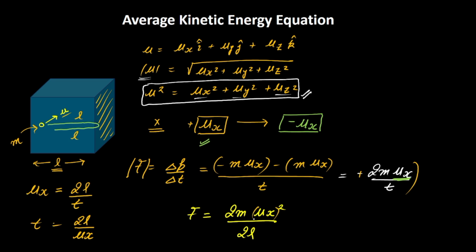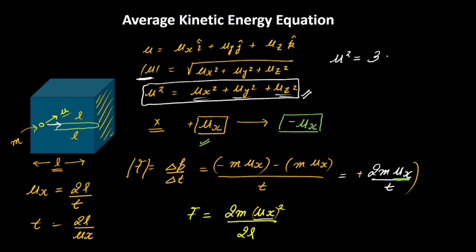Now this expression we have got is in terms of ux, that is the component of velocity along the x direction. But how about if we present this in terms of u? Since u square is equal to ux square plus uy square plus uz square, and also in the assumptions of the kinetic theory of gas, we have assumed that the particle will go with equal velocities in all the components. So we can say that u square would be equal to ux square plus ux square plus ux square, since all are the same.